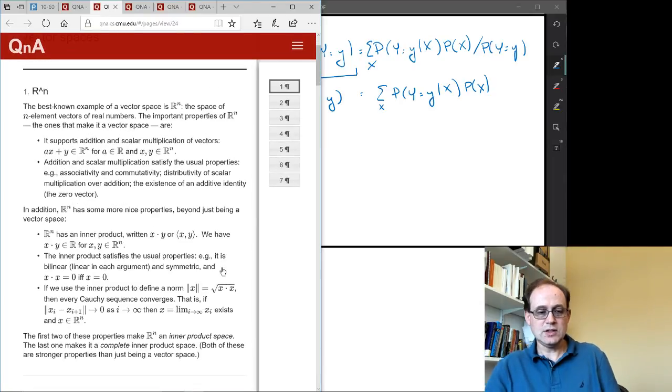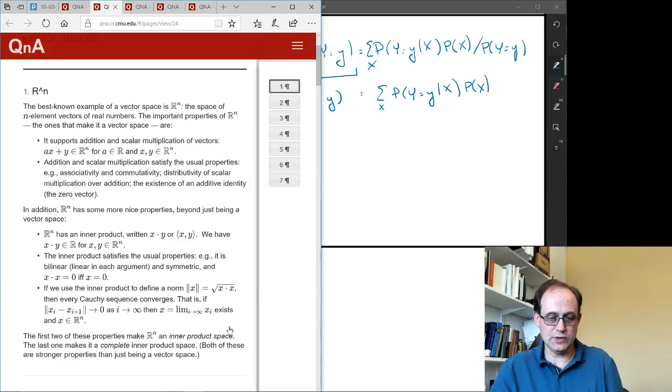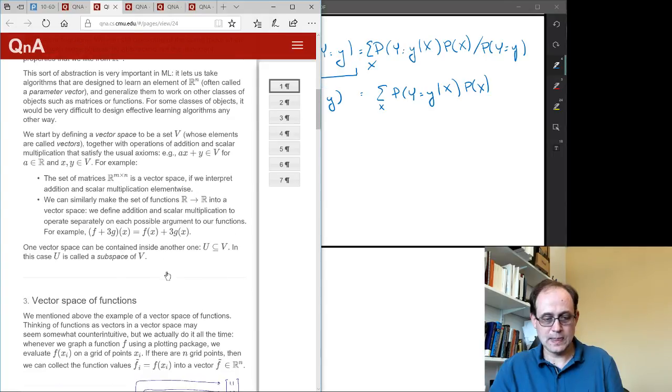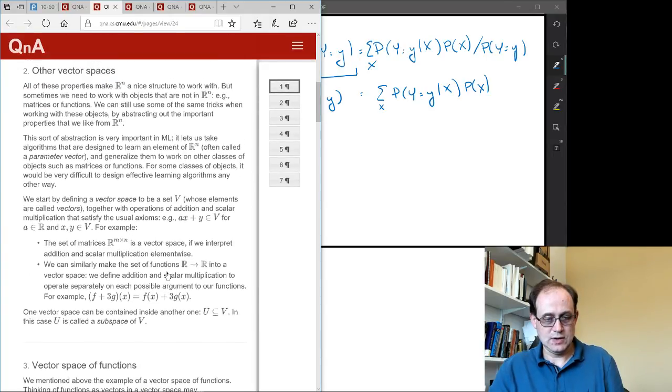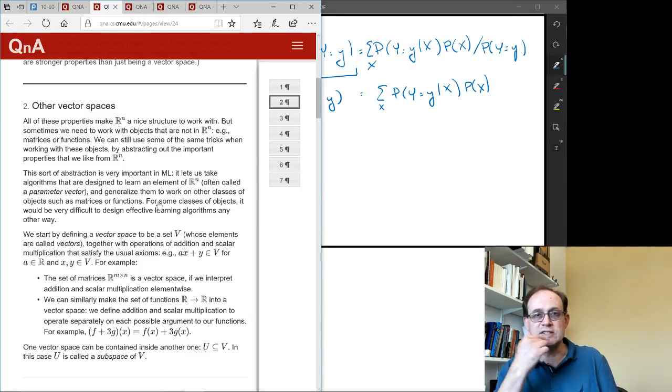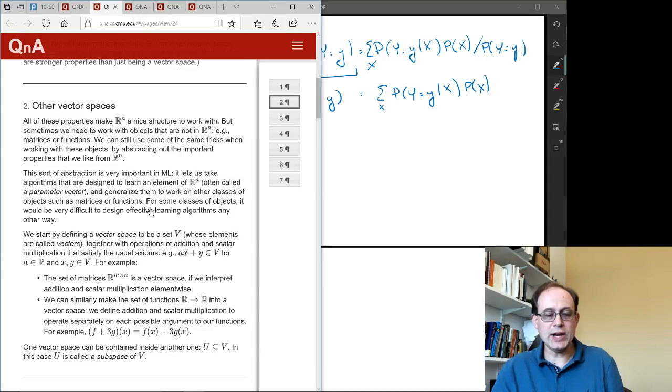All right, so we were talking about vector spaces. We went through vector spaces and inner products. I think we had covered the first two blocks of the set of notes. So basically what they point out is just that Rn isn't the only useful vector space, right?